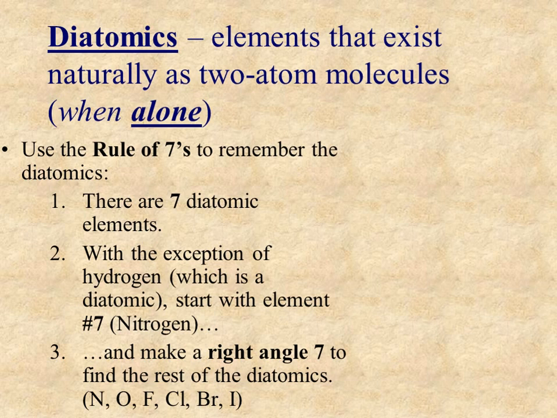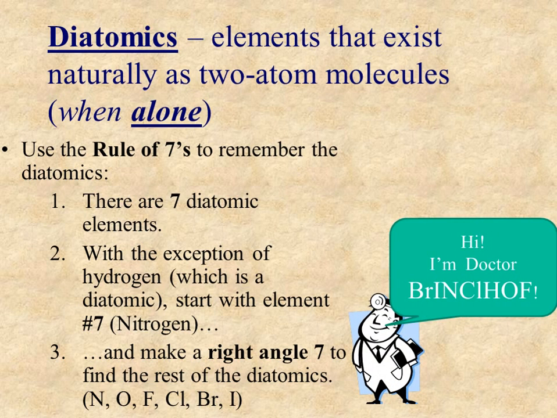That set of rules may not work for everybody, so if you are better with mnemonics, words that you use each part to remind you of a specific portion of it, you can remember our good friend Dr. Brinkelhoff. And the way you spell Dr. Brinkelhoff's name corresponds to bromine, iodine, nitrogen, chlorine, hydrogen, oxygen, and fluorine.